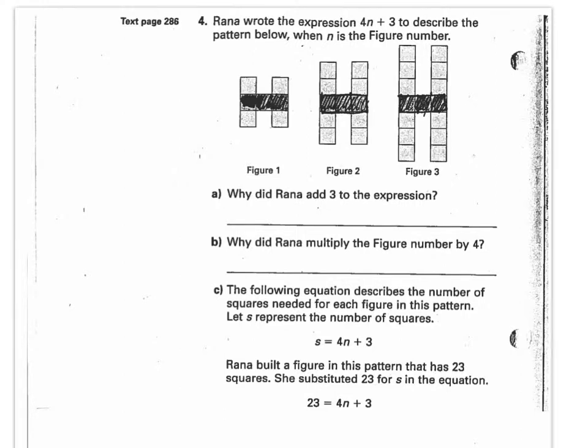Let's do another example. Raina wrote the expression 4n plus 3 to describe the pattern below. N is going to be our figure number. Why did Raina add 3 to the expression? The 3 represents the middle squares that stay the same each time.